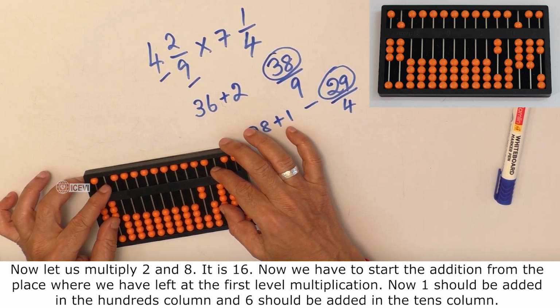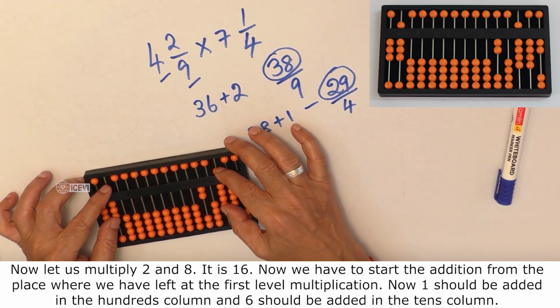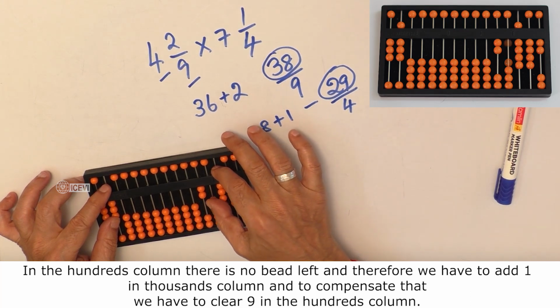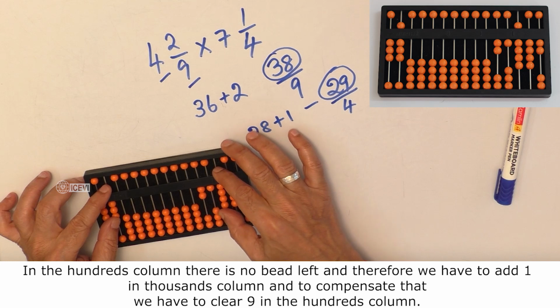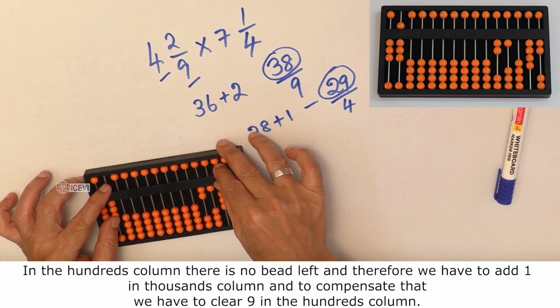It is 16. Now we have to start the addition from the place where we have left at the first level multiplication. Now 1 should be added in the hundreds column and 6 should be added in the tens column. In the hundreds column there is no bead left and therefore we have to add 1 in the thousands column, and to compensate that we have to clear 9 in the hundreds column.